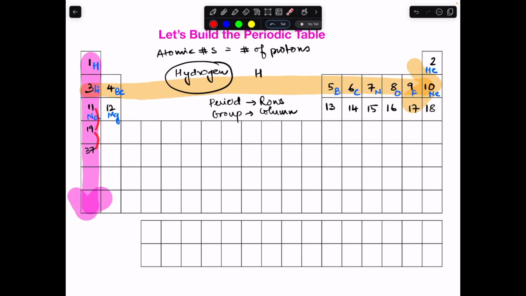That's because we have another 10 elements sitting in here. Let's count that: 1, 2, 3, 4, 5, 6, 7, 8, 9, 10. We'll discuss that later on, but the point is right now we just need to understand how the periodic table is being built up. I hope that made sense.